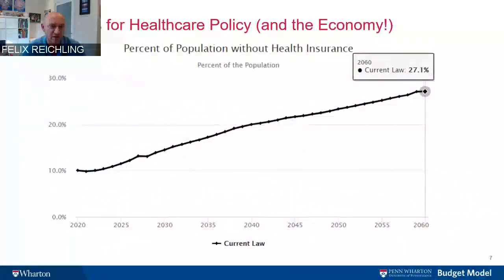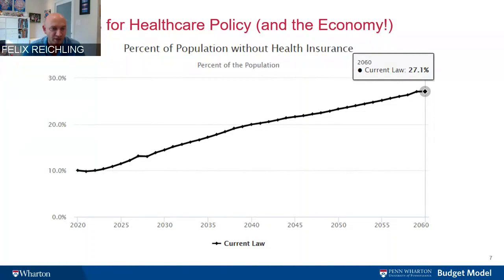Under current law, right now roughly 10% of the population is uninsured, and our model predicts that that number will only increase in the future, while healthcare is getting a bigger and bigger share of the total economy. The reason it's getting a bigger share is the excess cost growth. It just grows at a faster rate than the economy itself.